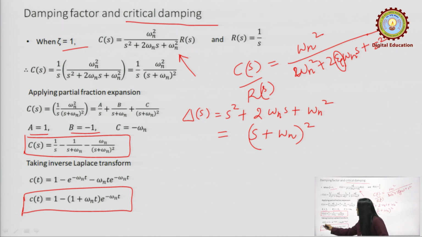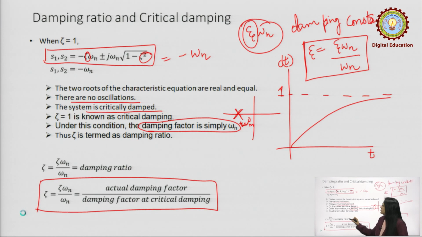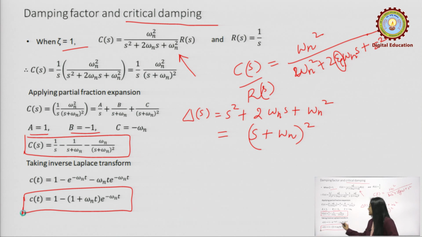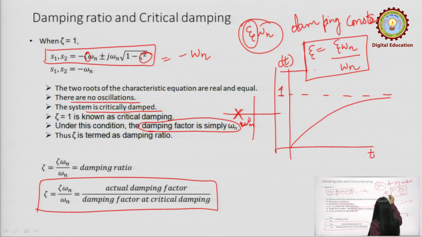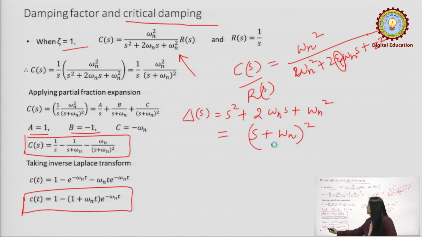Looking into this equation, as we have mentioned, there are no oscillations. We can see that there is no sine term here, and therefore, the response of the system will be of this kind, right. So, C of t is this when the case is of critical damping, that is zeta equal to 1.